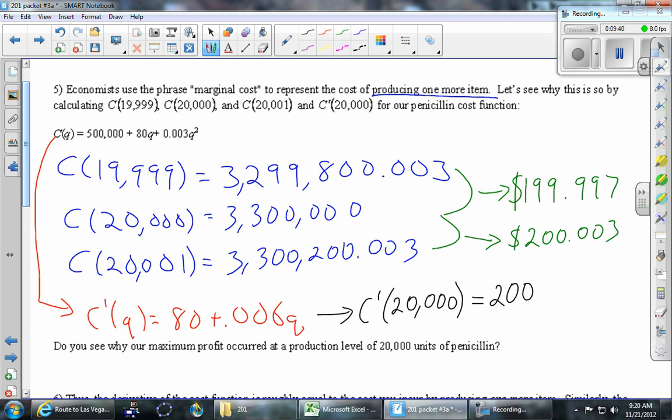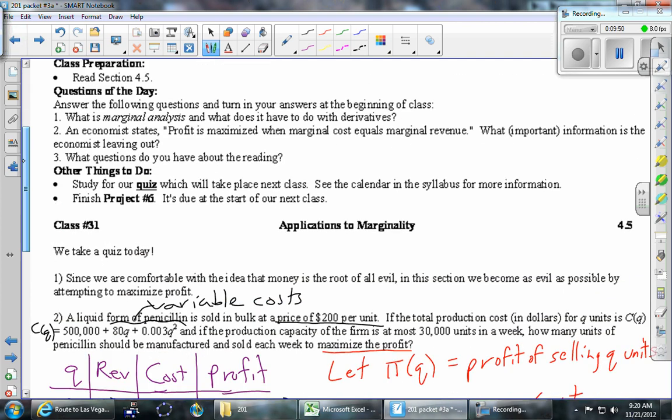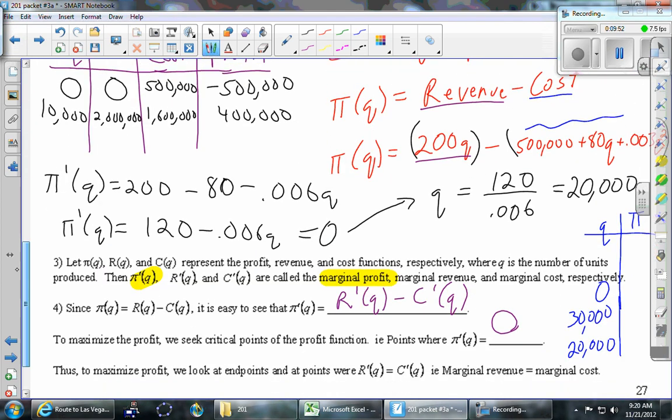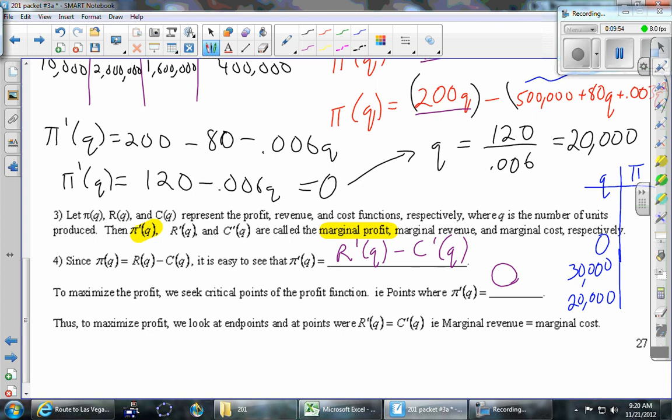Okay, and then there's this question here at the bottom. Do you see why the maximum profit occurred at a production level of 20,000 units? So this is now 2 days ago. Let's remind ourselves that we did this in a table over here in blue. We had 0 and 30,000 as the end points. Can't produce less than 0, and 30,000 was the capacity of our production. And 20,000 was called the critical number.